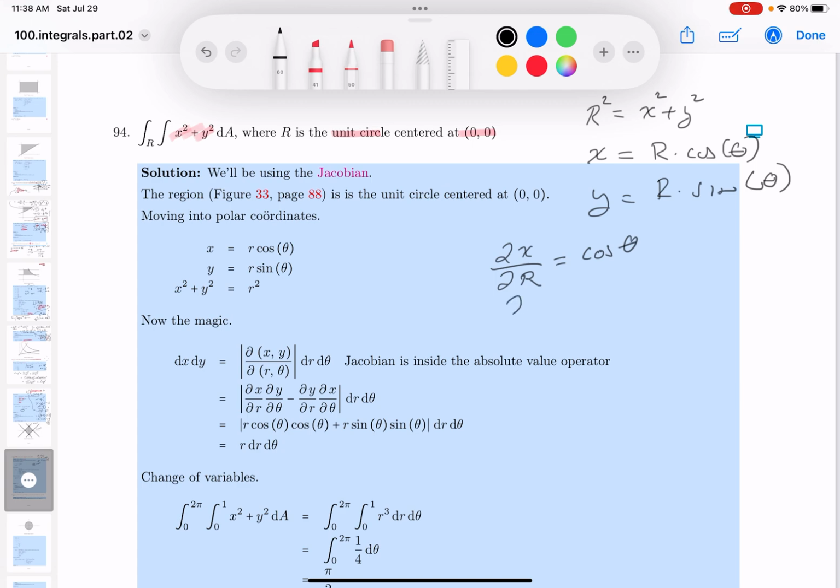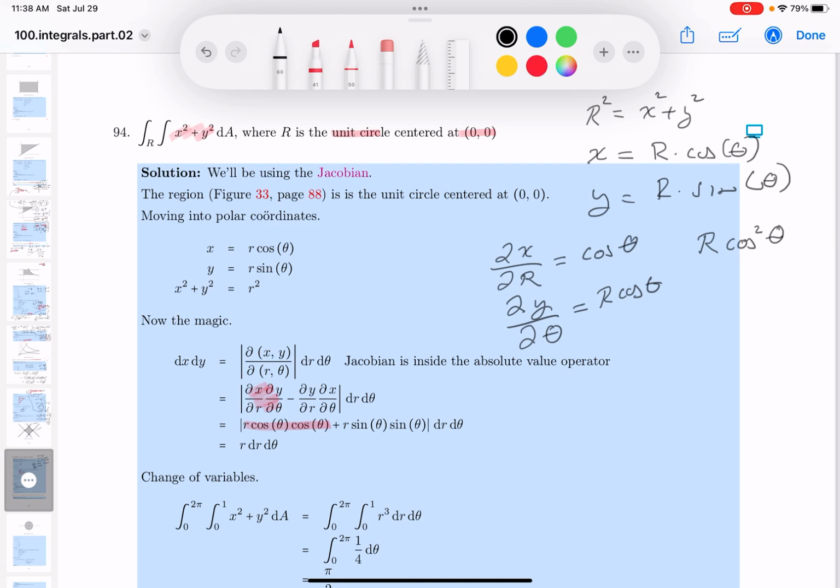And then I've got to do the partial of y with respect to theta, which is going to be r cosine theta. You do the product of those two, and what are you going to get? r cosine squared theta.